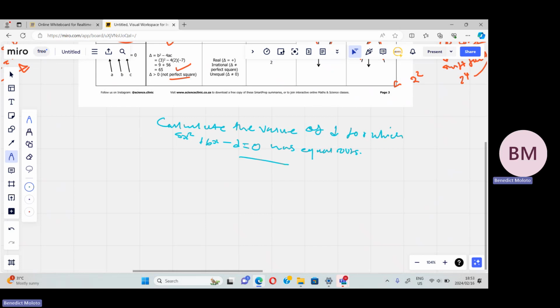Remember, they already told you that this equation has equal roots.